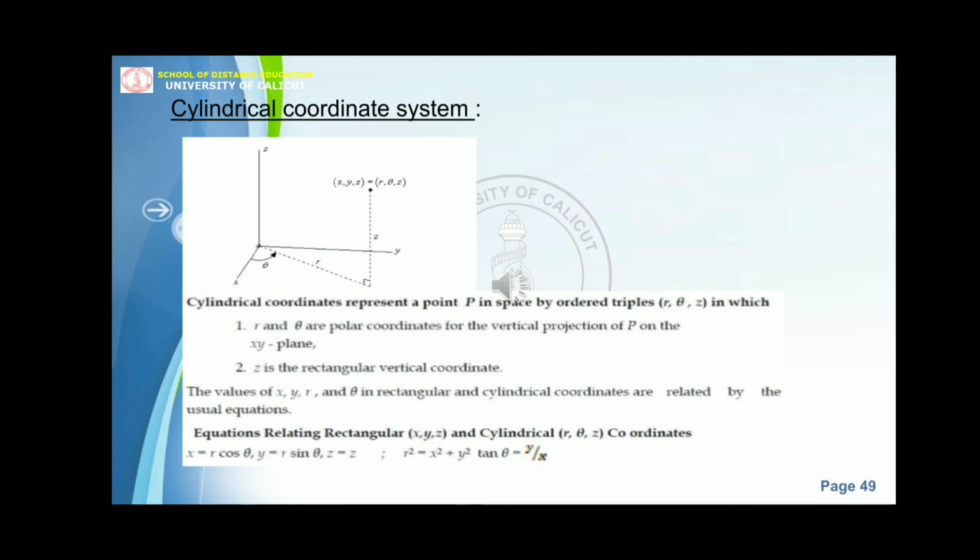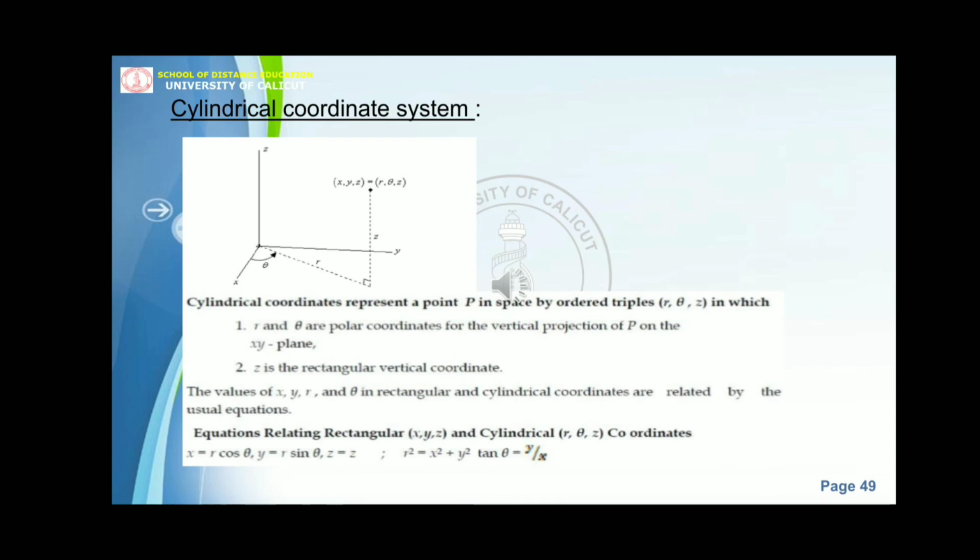All of us are familiar with the Cartesian coordinate system or the rectangular coordinate system, where each point P is represented by the ordered tuple x, y, and z. Here we will study some new coordinate systems. The first one is the cylindrical coordinate system. In the cylindrical coordinate system, every point P is represented by the ordered tuple r, theta, and z, where r and theta are polar coordinates for the vertical projection of P on the xy plane, and z is the rectangular vertical coordinate.